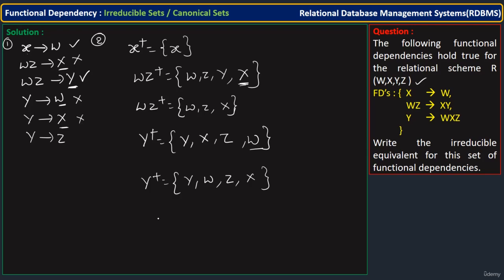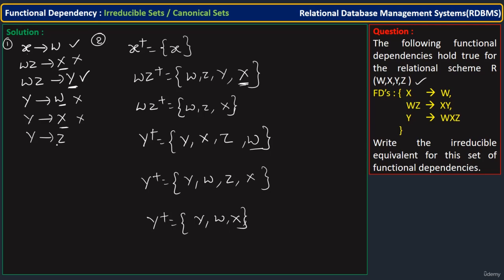Got it. Now let us go for the Y closure, the last FD. Here Y generating, you can see directly, WX, note down those two. And X generating W, already there. WZ, because Z is not there. This is the final.